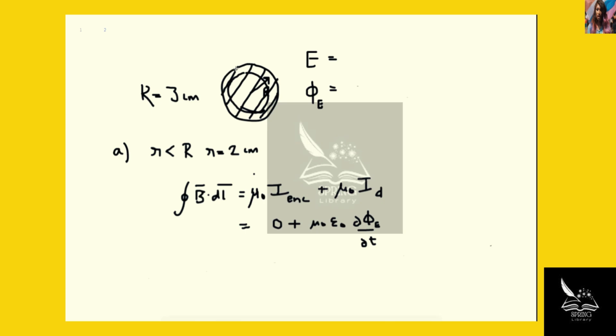In this problem, we have a circular region of radius capital R. R is equal to 3 centimeters that carries an electric field which is varying.